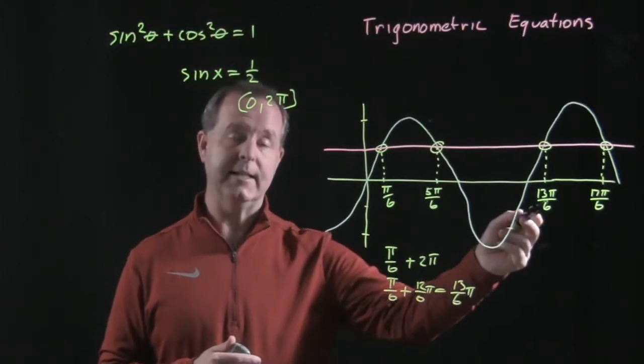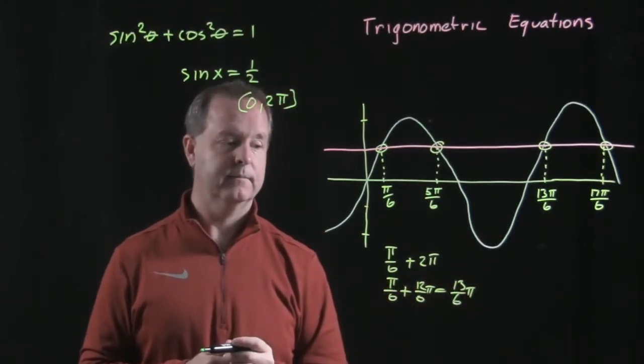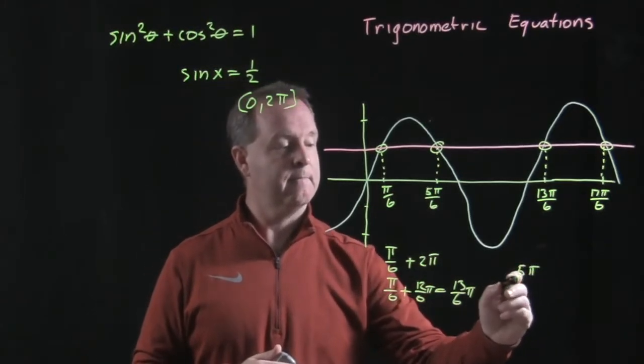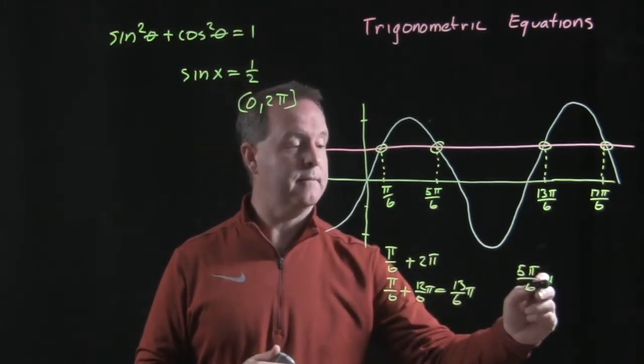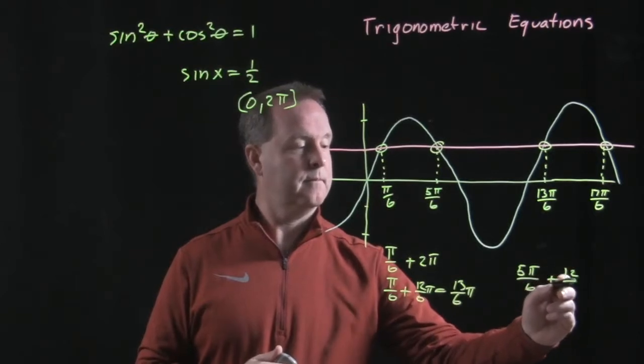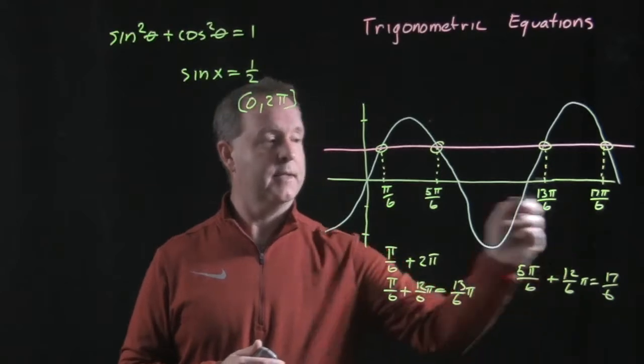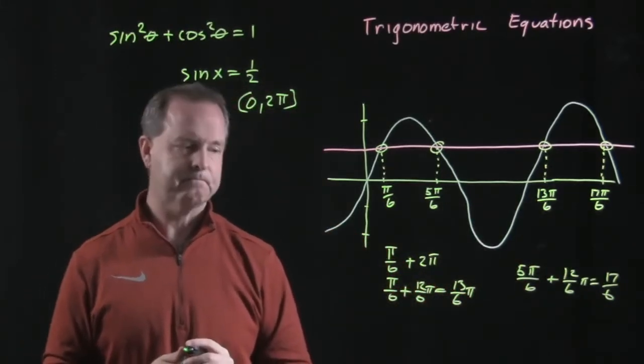And so that validates this other solution that I have. And likewise with 5 pi sixth, add 2 pi to that, and you can see that I get 17 pi sixth.